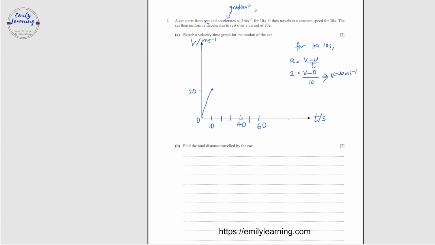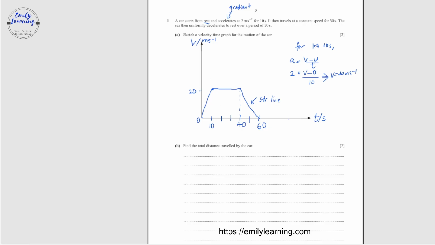Next, from 10 to 40 seconds, its speed remains constant. Then it uniformly decelerates over a period of 20 seconds. So for the next 20 seconds, it is a straight line. Pardon me, these are all straight lines. I'll write it as STR.